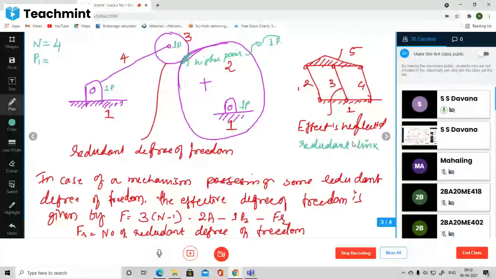That means this is a pair which has 2 degrees of freedom, and there is one such pair. So P2 equal to 1. So P1 equal to 3, P2 equal to 1.